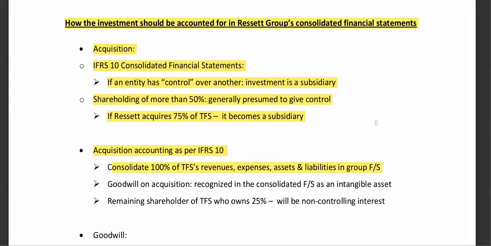And we would be adding another subsidiary to the group's financial statements, and we would consolidate 100% of the revenues, expenses, assets, and liabilities on a line-by-line basis. So let me illustrate this by referring to the pre-seen itself.